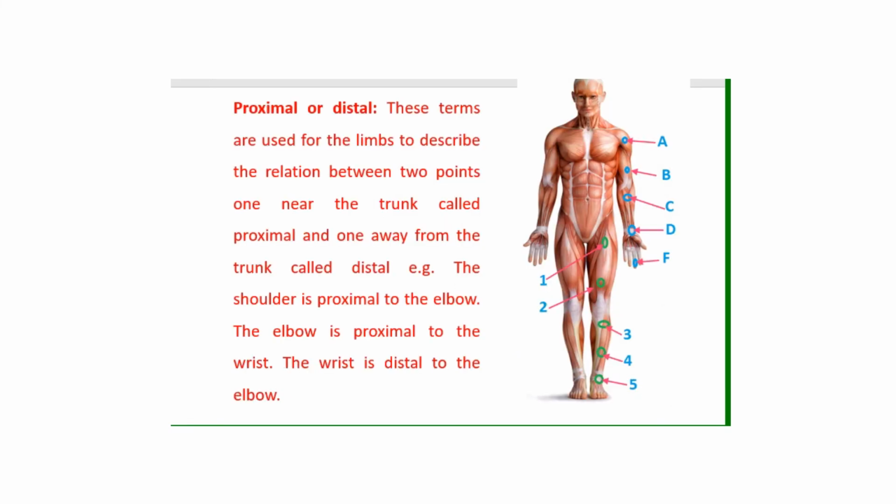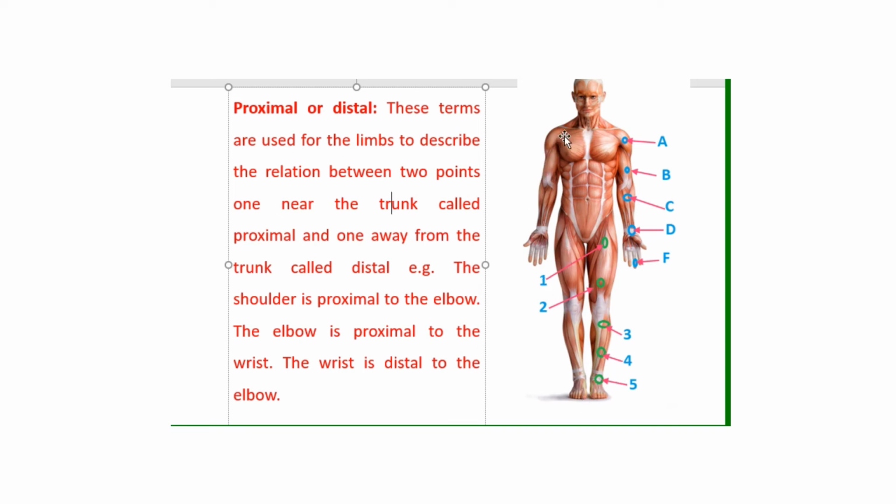What about proximal and distal? Proximal and distal are terms used for the limbs only, upper limb or lower limb, to describe the relation of two points to each other. This is the upper limb, this is the lower limb.